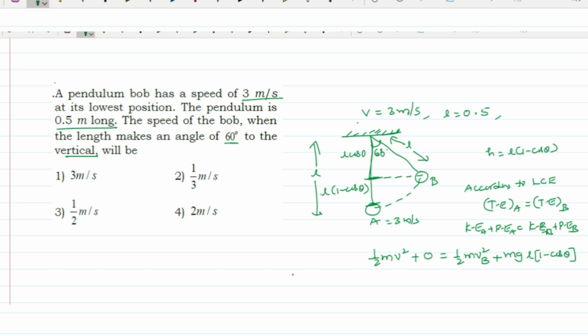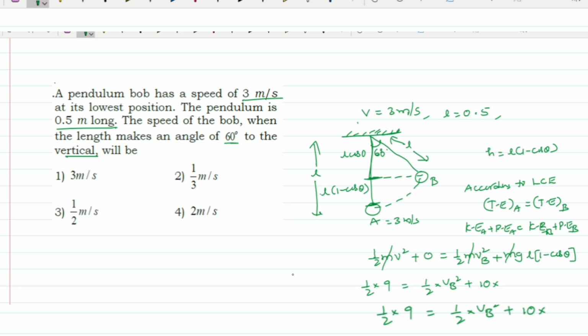Now the mass just cancels on both sides. At the point A the velocity is given as 3 meter per second, which gives 9, which will be equal to half into Vb square, which we need to calculate, plus g value you can take as 10.